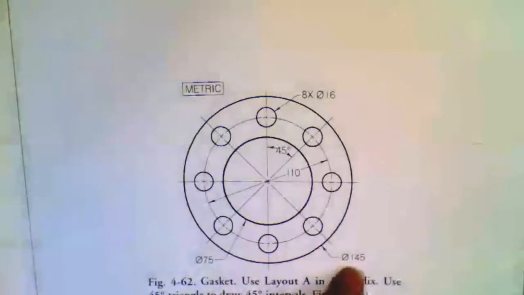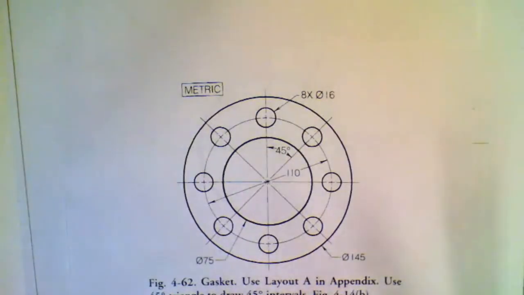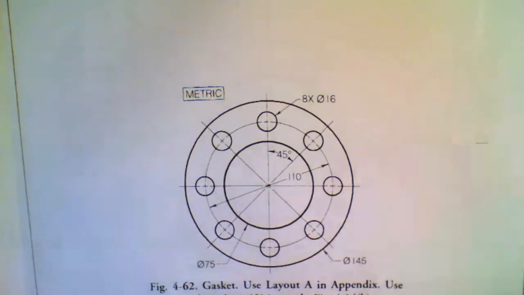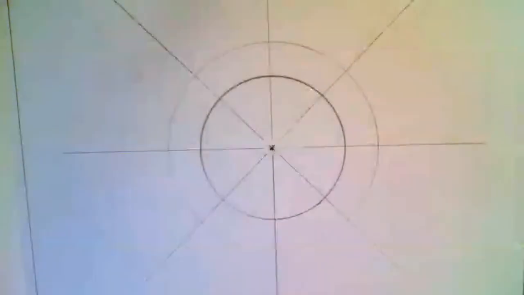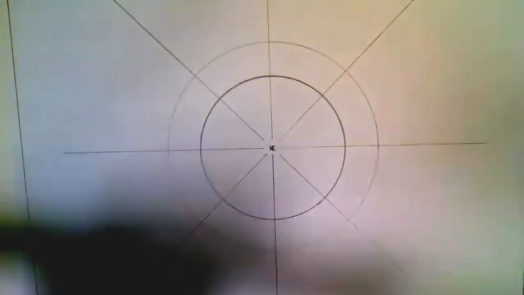And my last ring, 145. 145, you take that into 2, and you get 72.5, right? 140 is half of 70, half of 5 is 2.5, 72.5. All right, so I need to set this.